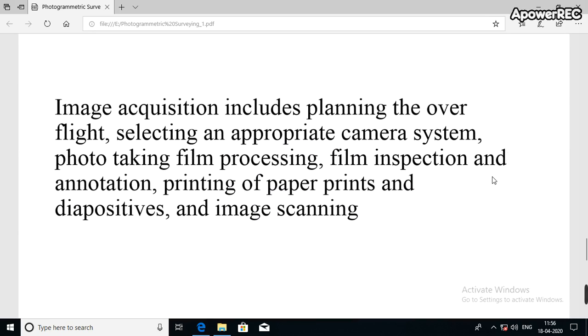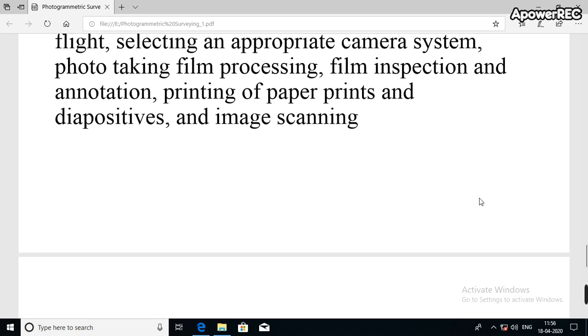The first one, image acquisition, includes planning of the flight, selecting the appropriate area as well as the camera, taking the photo and its processing. After that processing, we will go for printing of paper print as well as diapositive, that means the positive of a film. And if required, we will go for image scanning. So this is the first step.